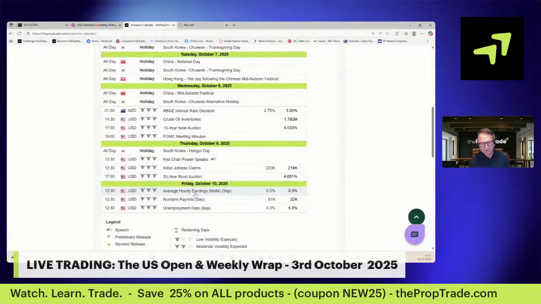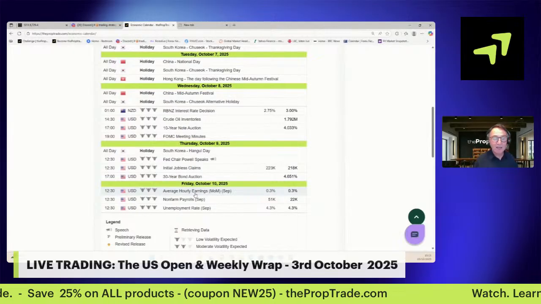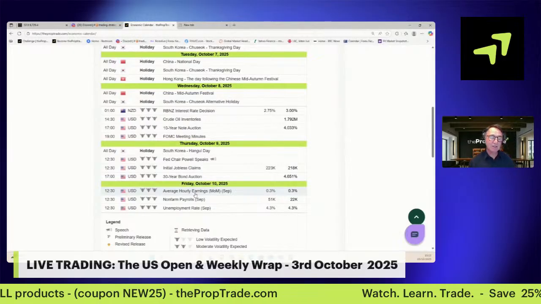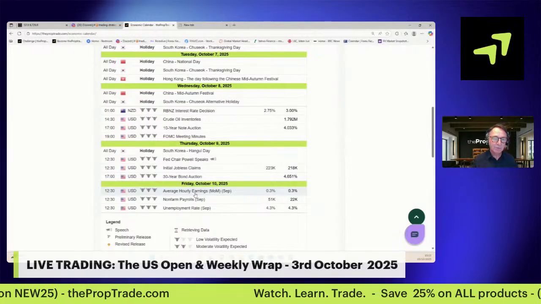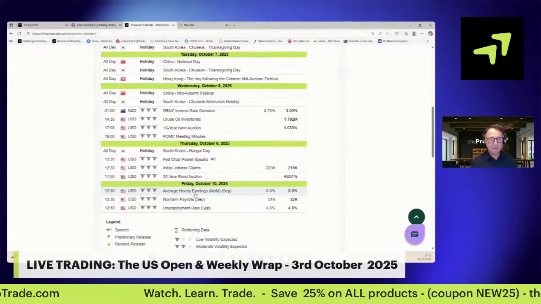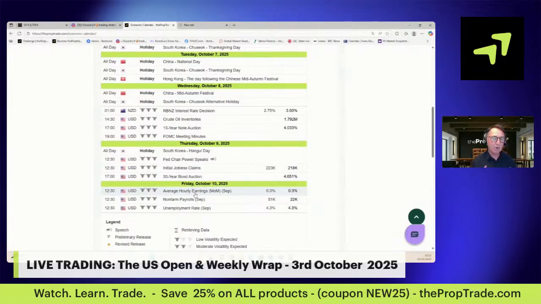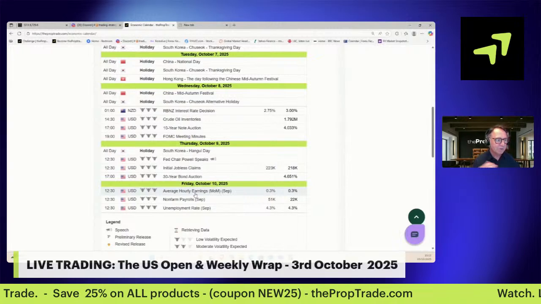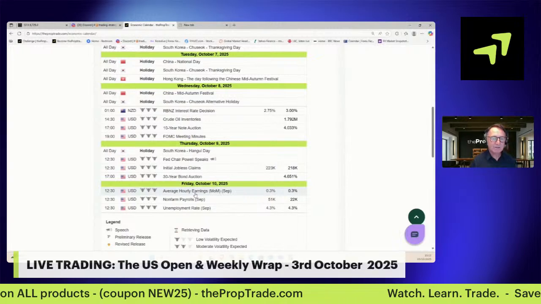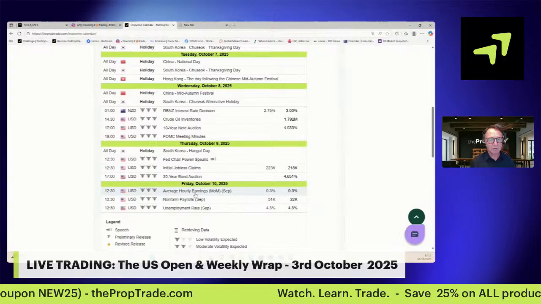Obviously, the week isn't over just yet, but it can't go on forever. Shutdowns tend to mean people aren't getting paid, so there's perhaps money getting sucked out of the economy, but it also means the government isn't spending money. So they tend to be relatively positive, bizarrely, for stock markets in particular.